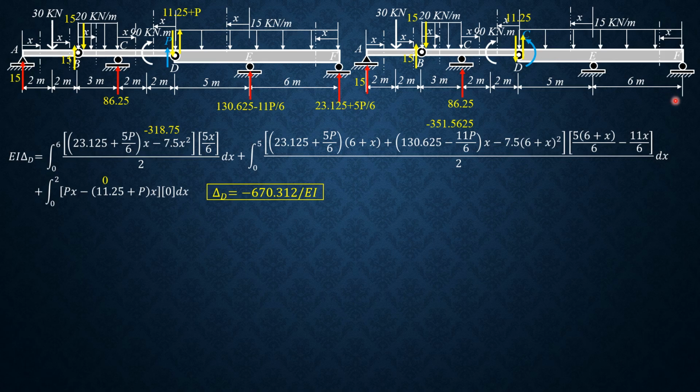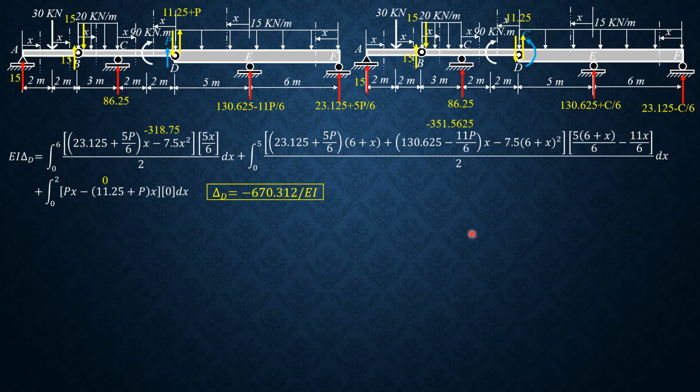Therefore, the reaction here is 23.125 minus couple over 6. Then if we sum up moment about F, reaction times 6 clockwise equals couple. So therefore, this is 130.625 plus couple over 6.